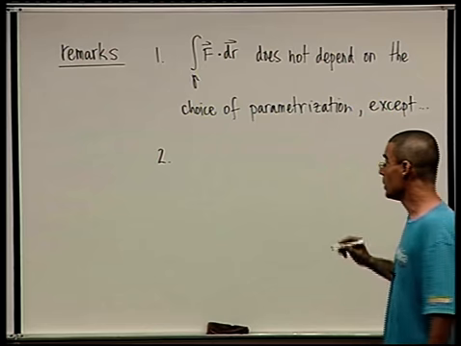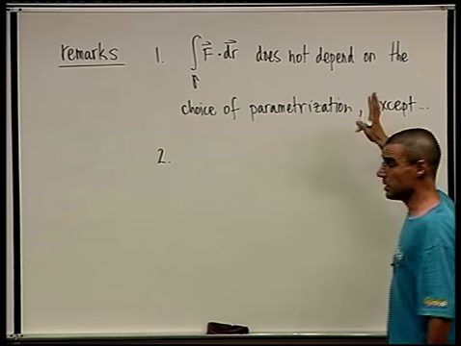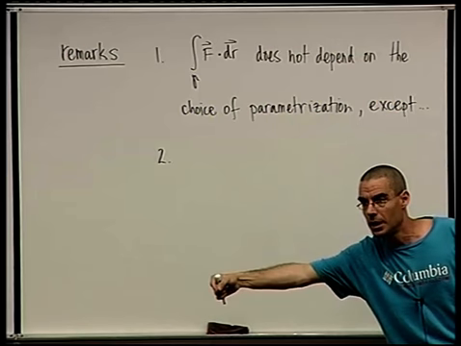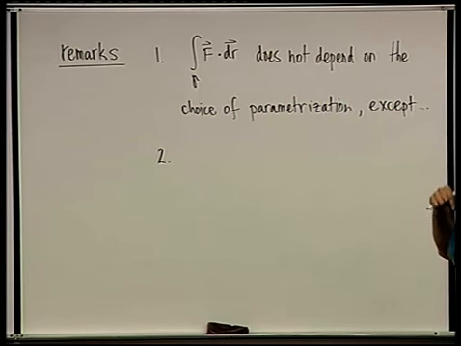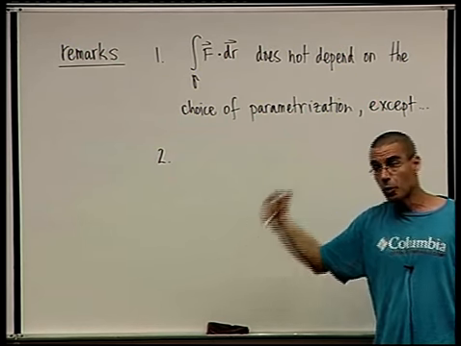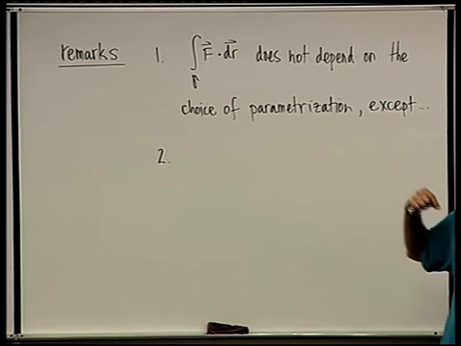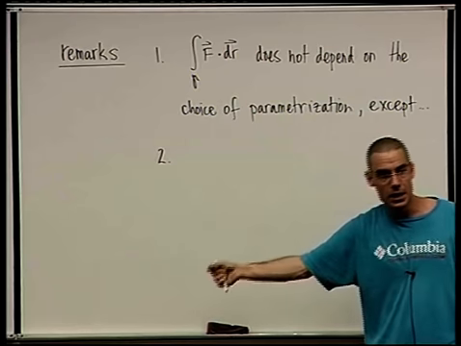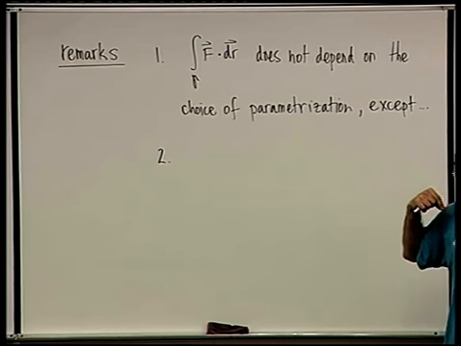Okay? So you can choose whatever parametrization you want, but the work going from point A to point B is not the same as the work going from point B to point A. In fact, the work going from point B to point A is precisely minus the work going from point A to point B. Okay?